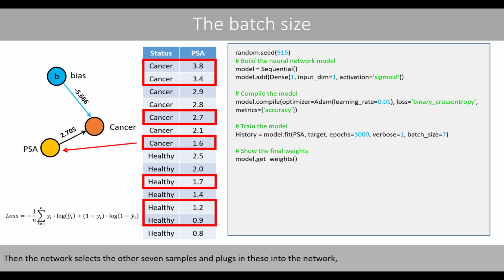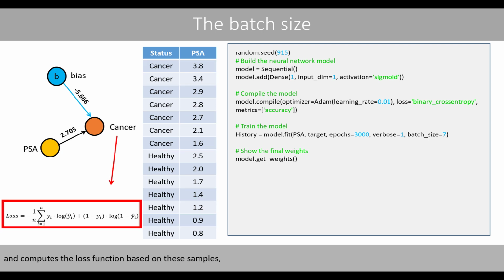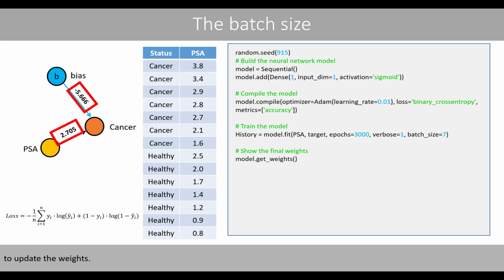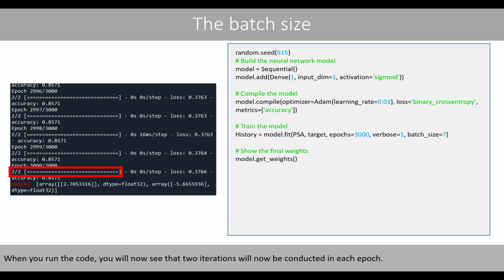Then the network selects the other 7 samples, plugs these into the network and computes the loss function based on these samples to update the weights. When you run this code, you will now see that 2 iterations will now be conducted in each epoch.